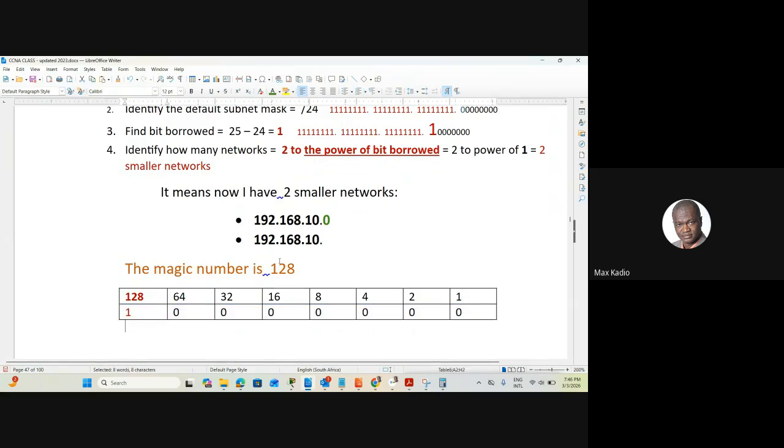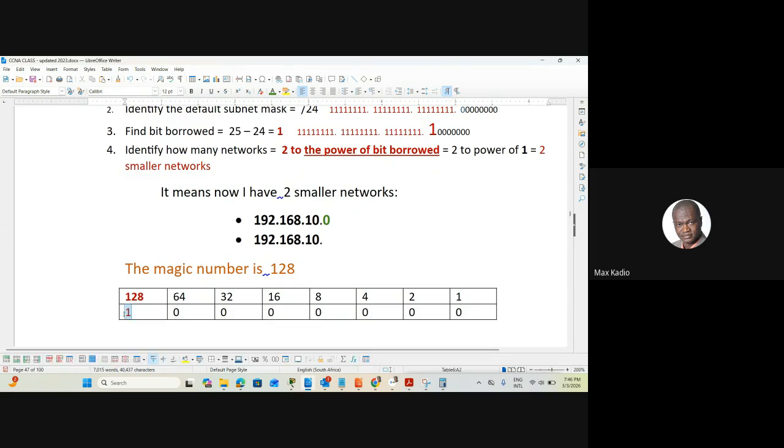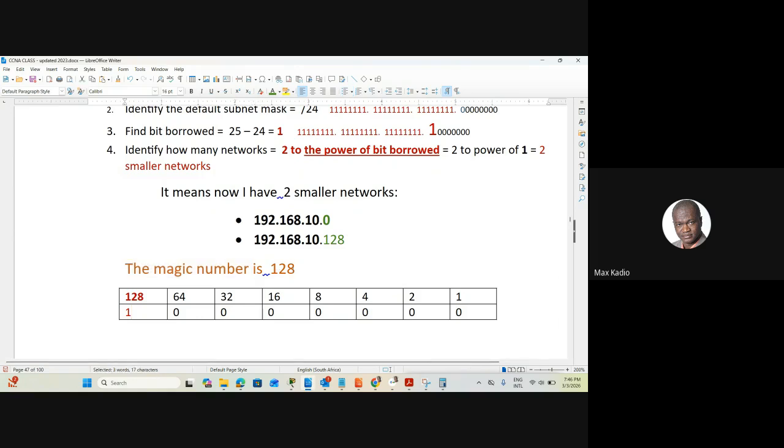Then you take the last one from left to right, the last one on your right. So here, because it's only 1, then I stop here and it falls in 128. Then you take that number and you put it here. That's why you say the magic number is 128.